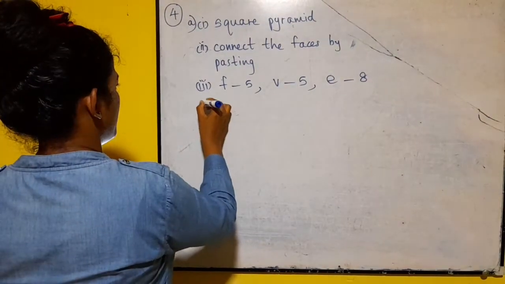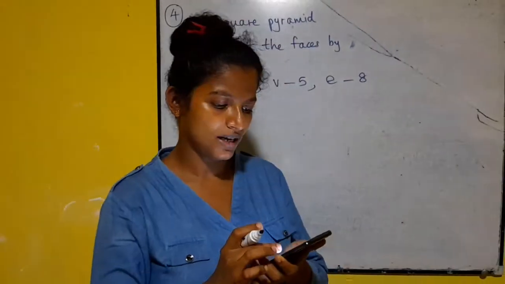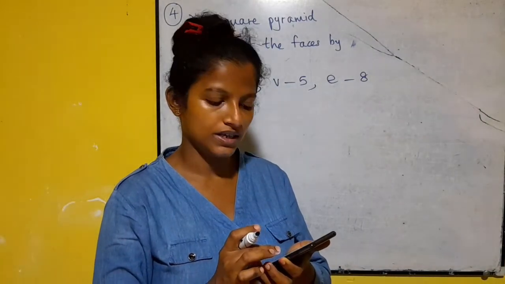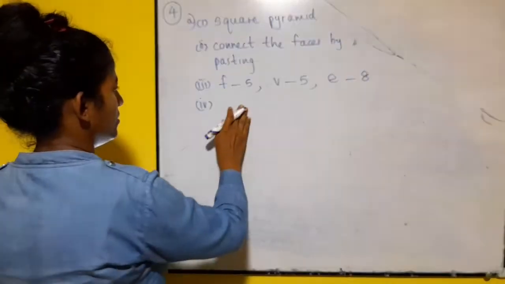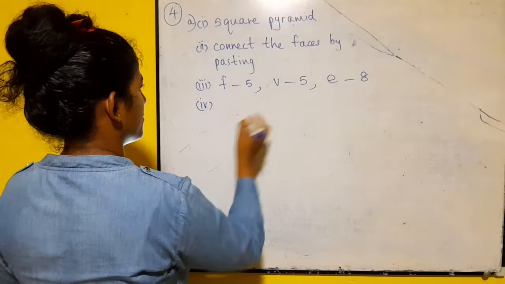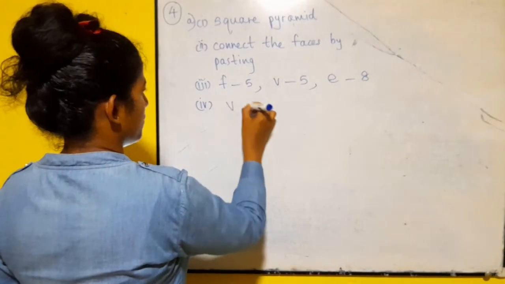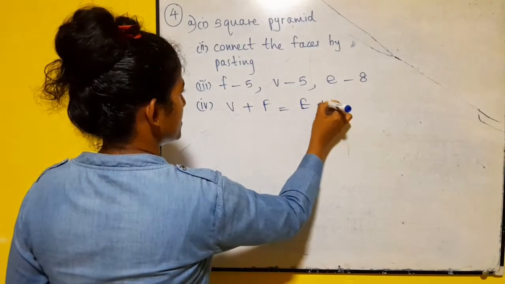Then question number 4. Show that the above values satisfy Euler's relationship. In Euler's relationship, number of vertices plus number of faces equals number of edges plus 2.